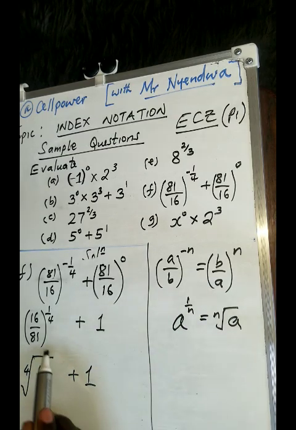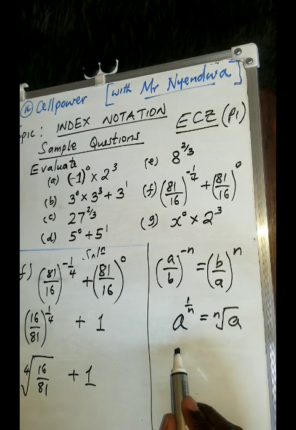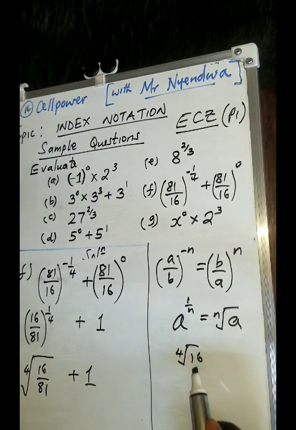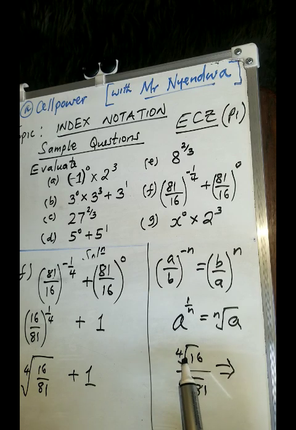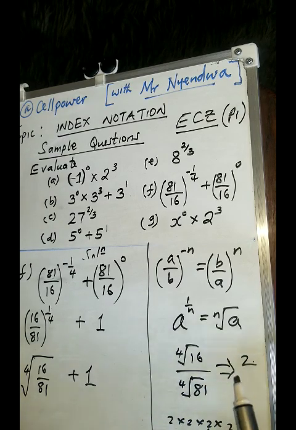Well, if you notice here, you can separate them and say the fourth root of 16 divided by the fourth root of 81. Well, the fourth root simply means, what is that number when you multiply it 4 times? It will give you 16. That's what the fourth root means. It is actually 2. If you multiply 2 times 2 times 2 times 2, 2 times 2, 4, 4 times 2, 8, 8 times 2 will give you 16. That's the fourth root. It's a 2.